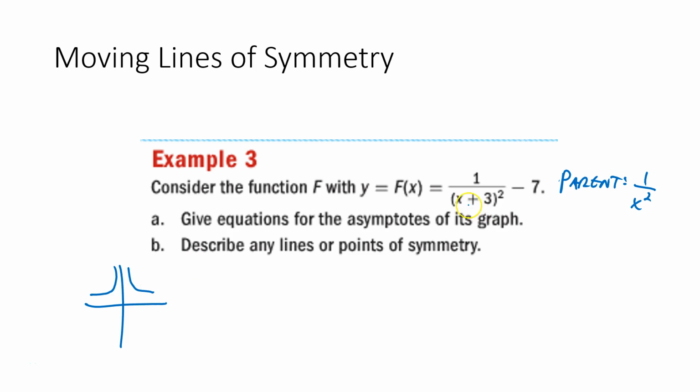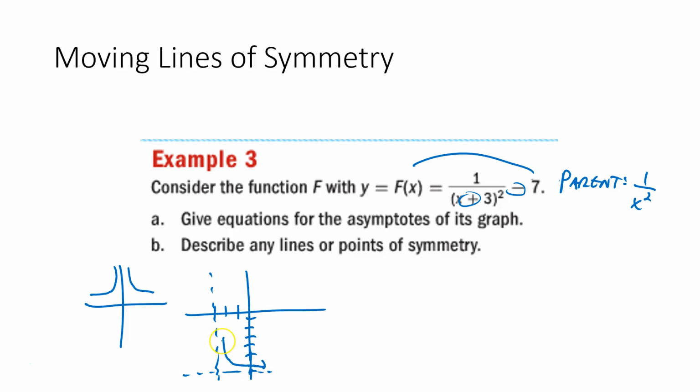And what we've done here is we've moved it, looks like left 3, because it's the opposite of what you think, and then down 7, because that 7 came from the y equals, and it was the opposite originally. So what we've done now is we've moved it left 3 and down 7. There we go. So this is our new origin right there. So our graph's going to look something like this.